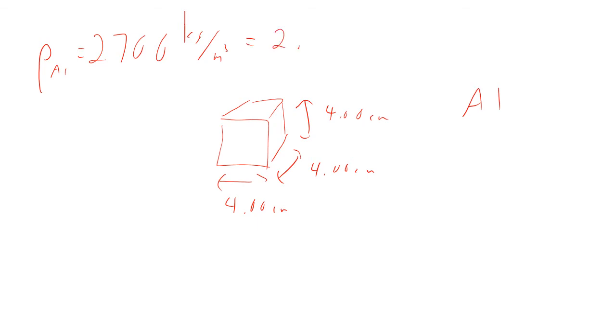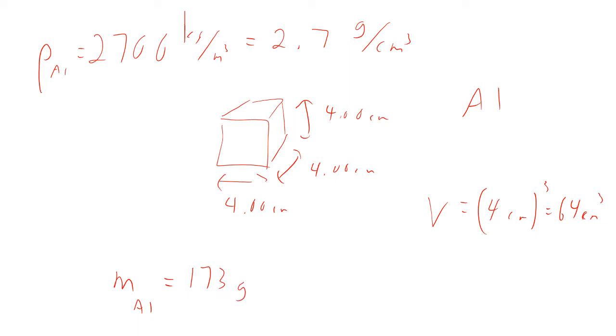That's the same as 2.7 grams per cubic centimeter. So the volume is going to be 4 centimeters cubed, which is 64 cubic centimeters. So that means the mass of the aluminum is going to be 176 grams, so that's 0.173 kilograms.